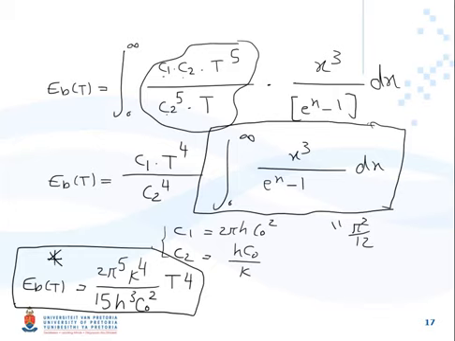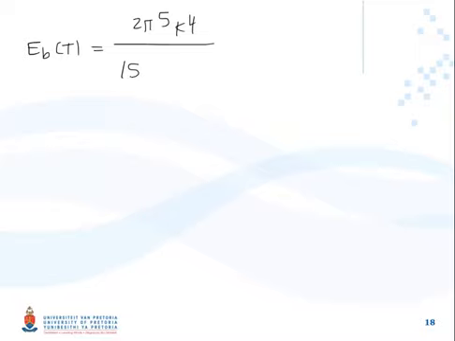Okay, but look at that. That looks a bit familiar to you, no? I think so. So let me just rewrite it and see what we get. So it was 2 pi^5 k^4 divided by 15 h^3 c^2 T^4.